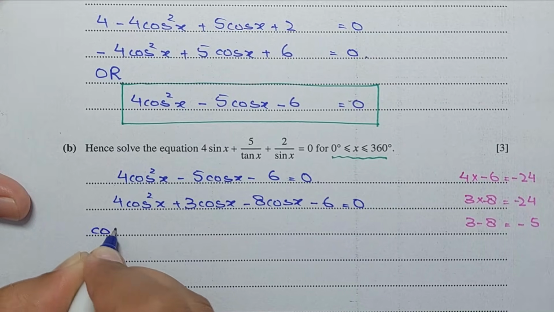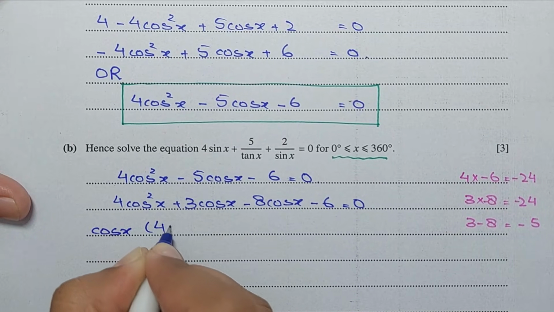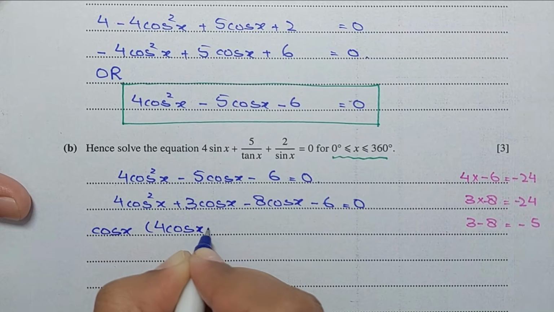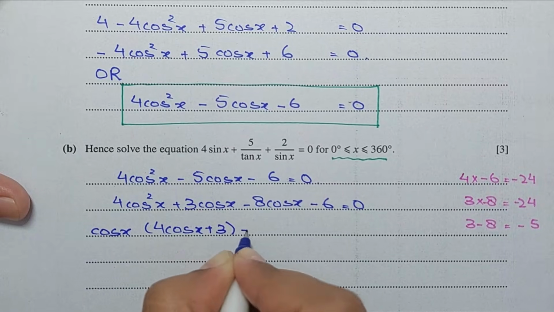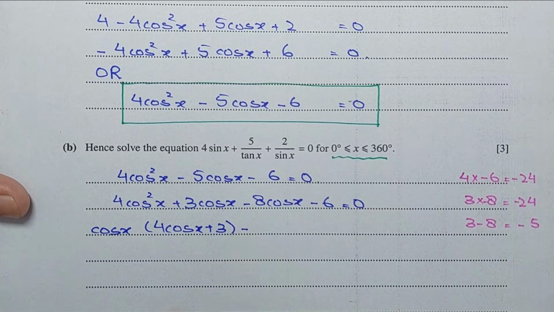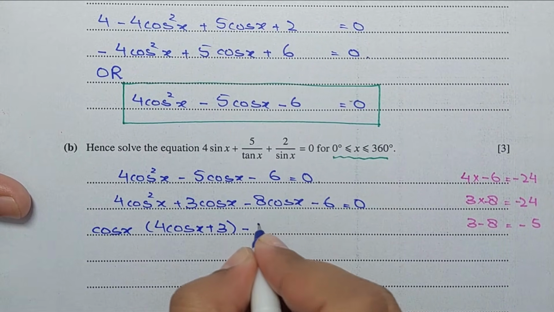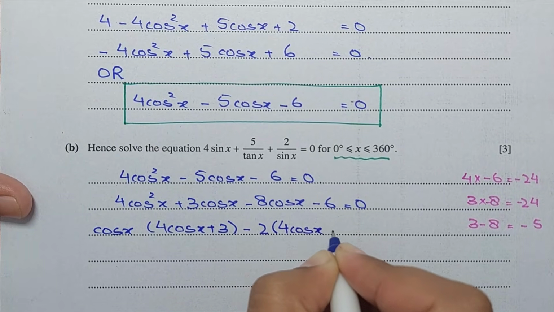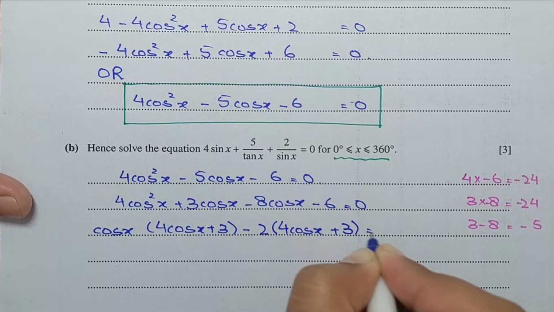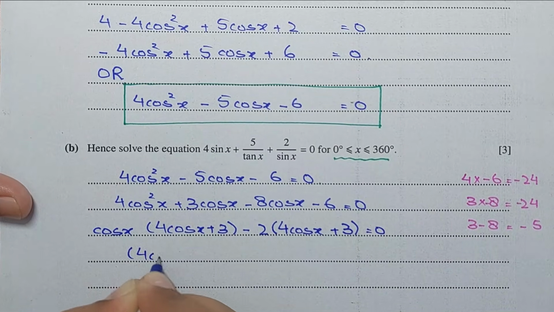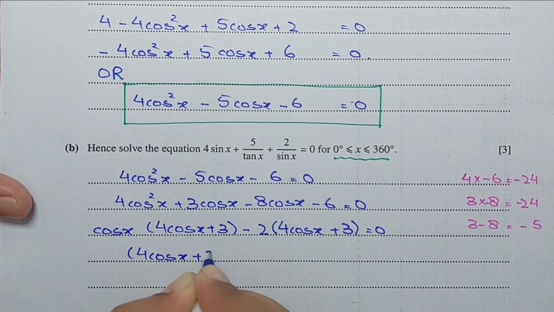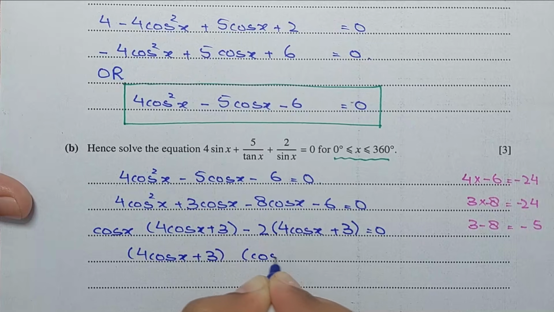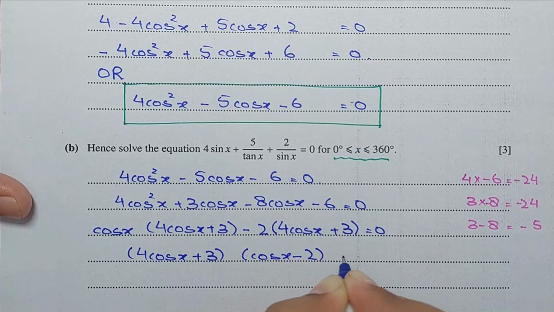You can take cos x common. You are left with 4 cos x plus 3. Now you can take a negative sign common, and 2 is common, because 2 times 2 is 4 and cos x, and 2 times 3 gives you 6. The factors are 4 cos x plus 3 and cos x minus 2 equals to 0.